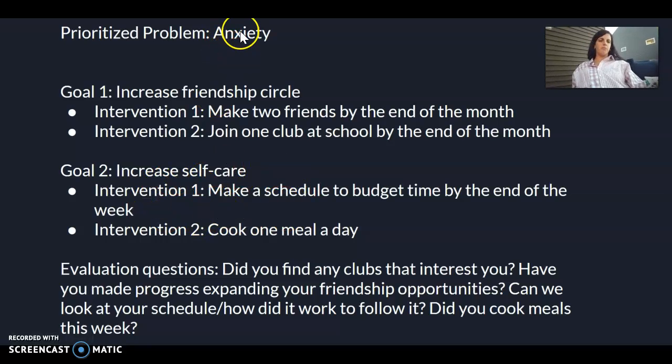That's going to give you another measurement. So hopefully that helps make sense of the progression: you have these goals, you make these interventions, you circle back around, asking questions if they're effective, if they even did it. And then with the end goal of finally circling back to the prioritized problem and measuring to see if that has improved at all.